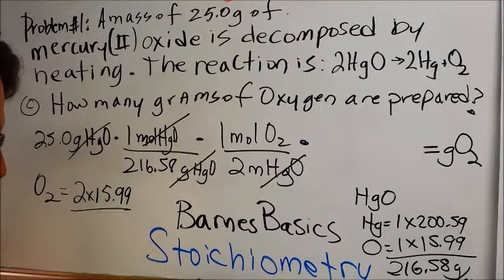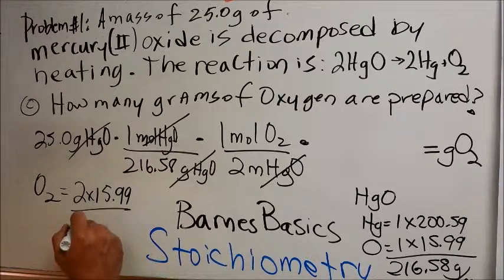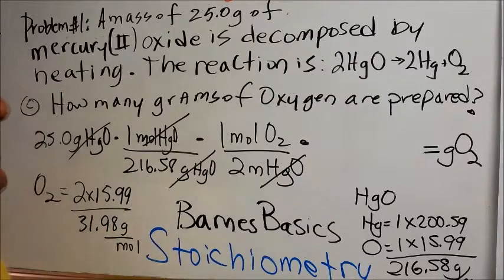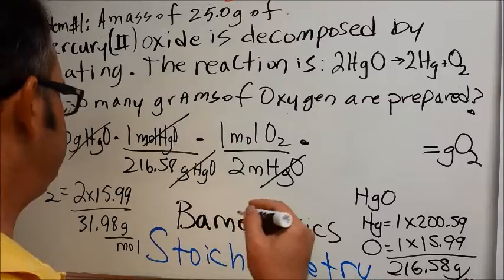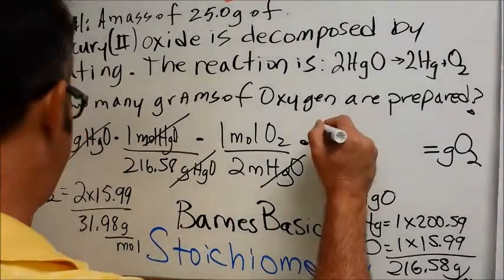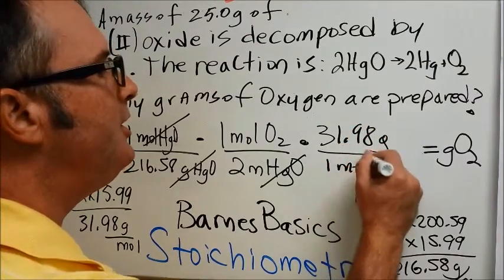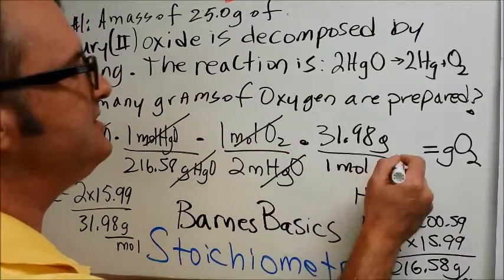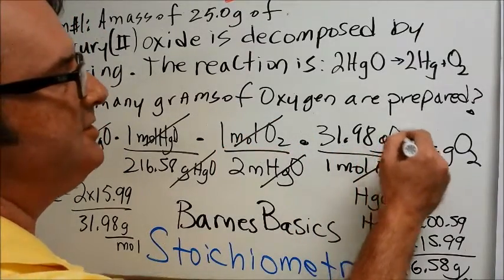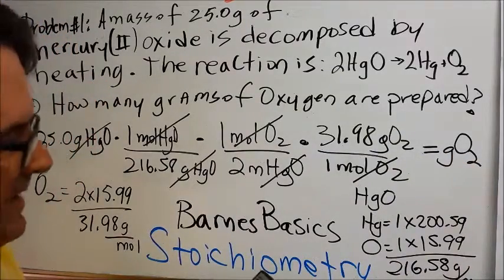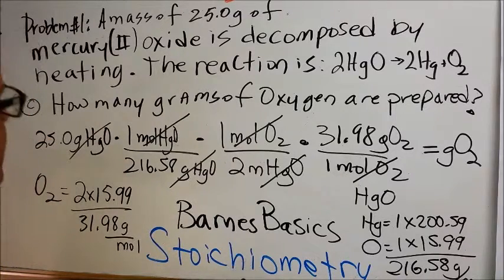So in our TI-83, on, clear, 2 multiplied by 15.99, enter. I get 31.98 grams per mole. So in our formula over here, we're going to say that we have 31.98 grams in 1 mole of O2. That allows these units to cancel, and you can see that grams of O2 is what we are wanting in our final answer. So let's plug this information into our calculator and roll with it.